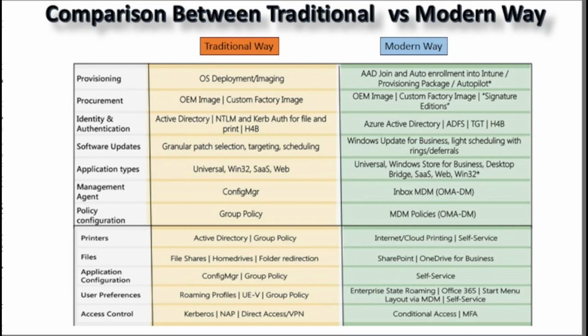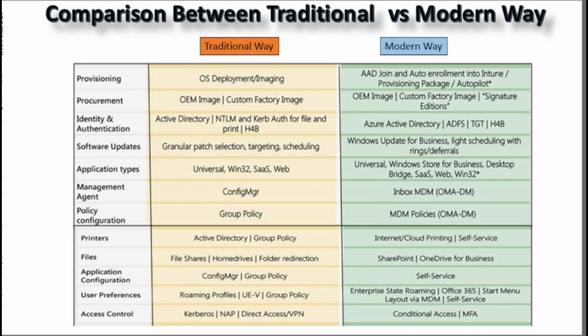But with the modern way, we can join a device in Azure AD and enroll in Intune, or we can create a provisioning package to join the device in Azure AD and then enroll in Intune, or we can also perform Autopilot on a newly purchased device. So with modern ways, we have many ways to provision a device.